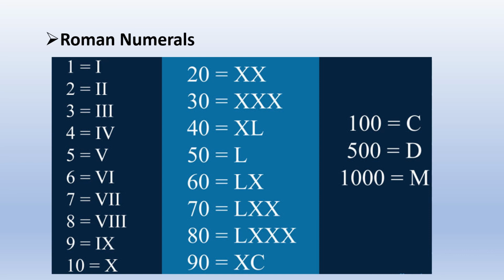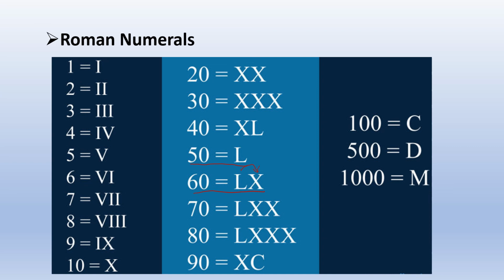So can you see something over here? What do you see here? 50 is L and 60 is LX. So do you find any speciality in that? Can you tell me how they are writing these numbers? Yes, what are they doing? The number written to the right is getting added up.